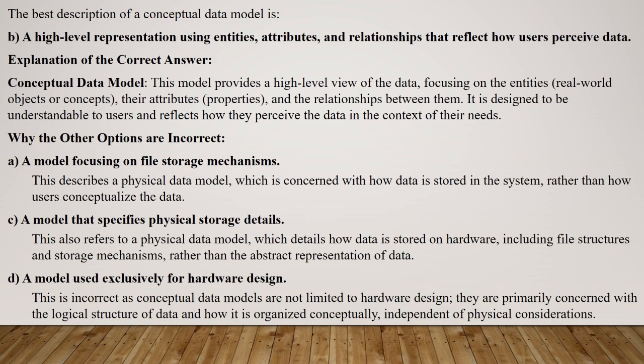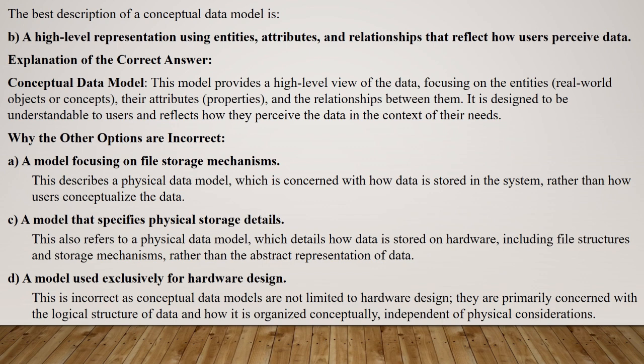The correct answer is B, a high-level representation using entities, attributes, and relationships that reflects how users perceive data. Based on the above question, for explanation, we describe everything there.